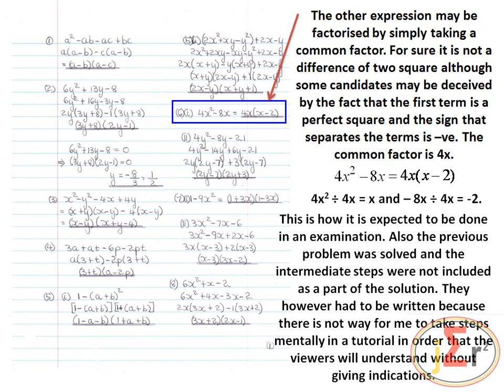Sometimes we have them just a mere representation of those intermediate steps, indicating that those steps should really be taken mentally. But whatever we do, we cannot do it without some form of representation in order that the viewers will be aware of the steps that are taken.